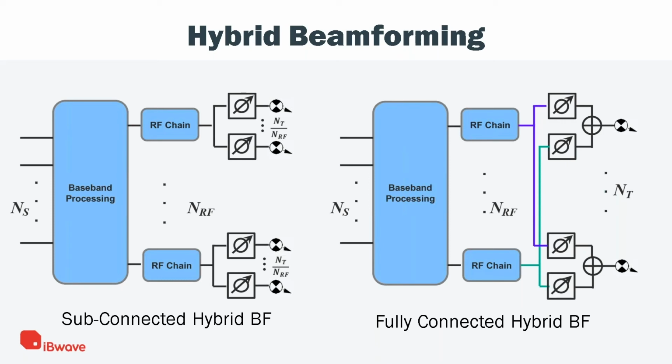So now it is clear that this implementation will have more degrees of freedom with respect to your radiation pattern, because you are using all these antenna elements. Of course, fully connected hybrid beamforming will be more complicated to implement, but with respect to performance, it will be better than sub-connected hybrid beamforming.